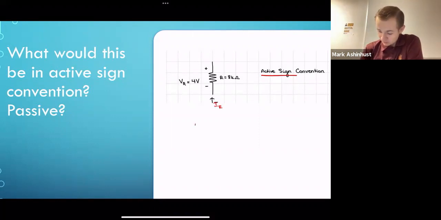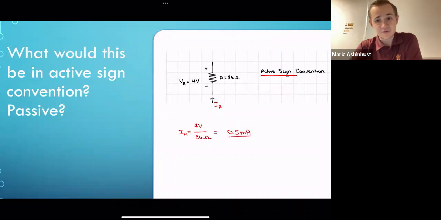So IR would simply equal 4 volts over 8 kilo ohms, which is going to be 0.5 milliamps. Positive. Now, if this were passive sign convention, this would be negative. So whatever we have in passive would be negative in active.